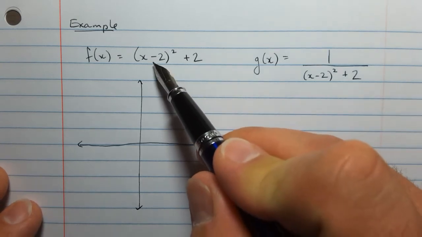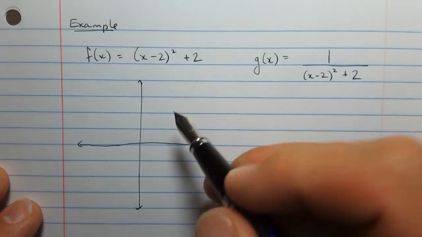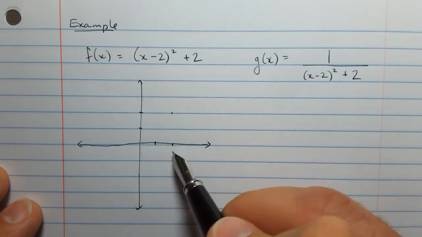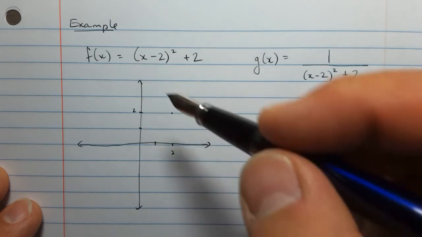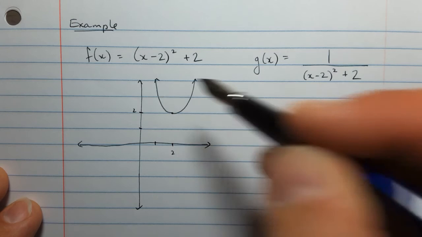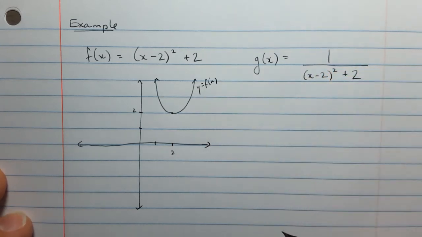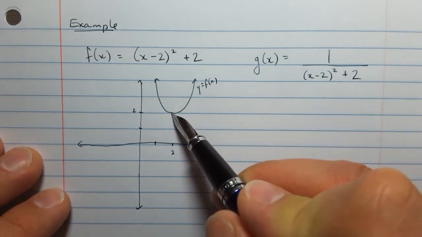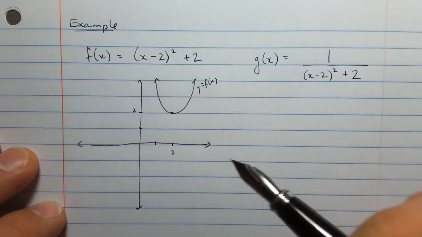So this original function is in vertex form, so its vertex is at positive 2, positive 2, so I'll say that's about there. And I notice from the a value here, which is 1, that this opens upwards. So that's the original function, y equals f of x. So this is the reciprocal of that function. Now this one does not touch the x-axis, which means there are no vertical asymptotes in it.